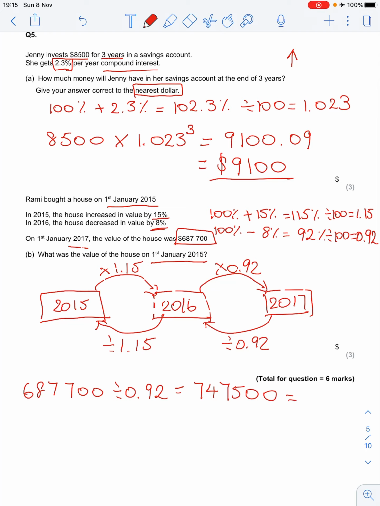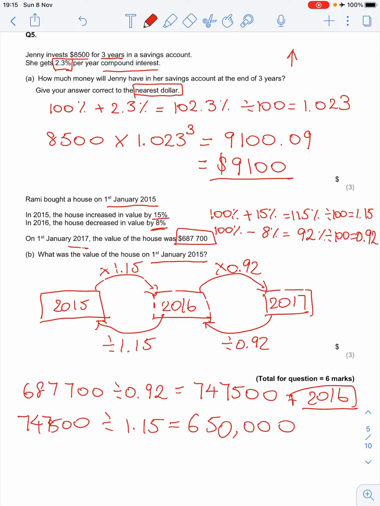So this is our value in 2016. Then we use this value and divide by 1.15. We get 650,000. So this is our answer for 2015. So your answer should be $650,000.